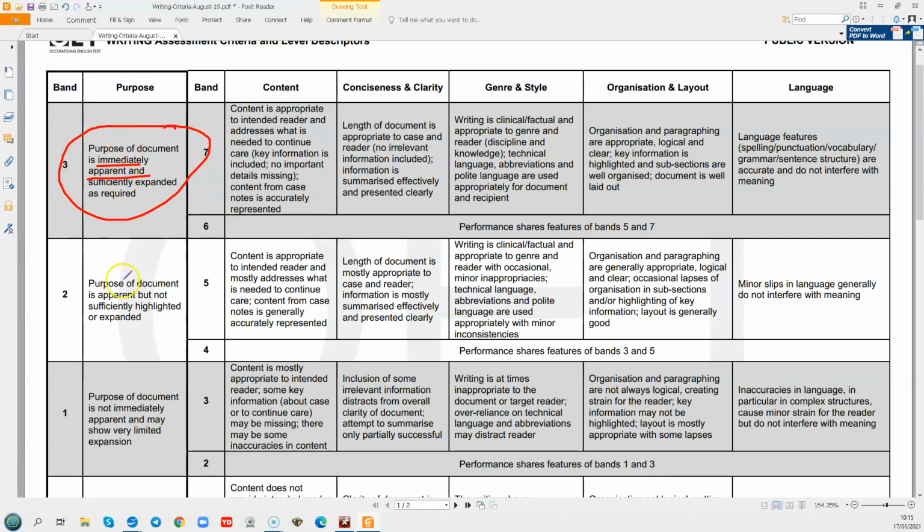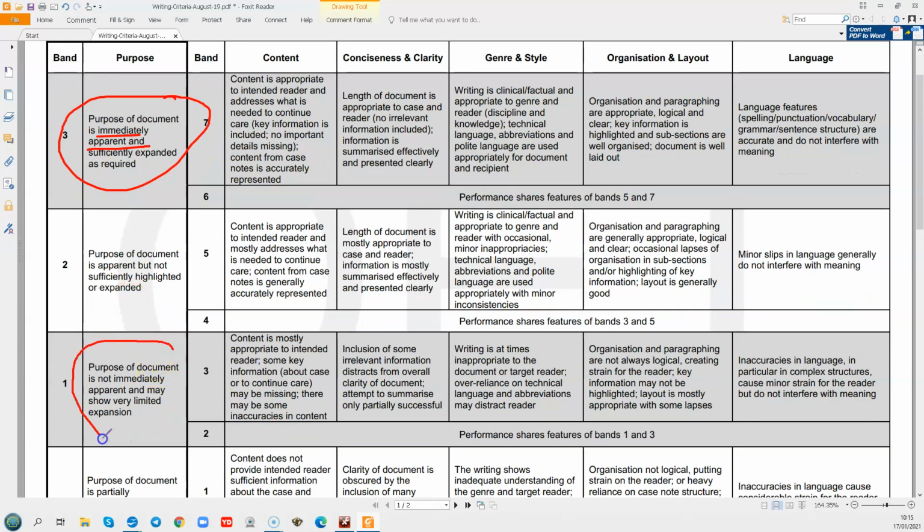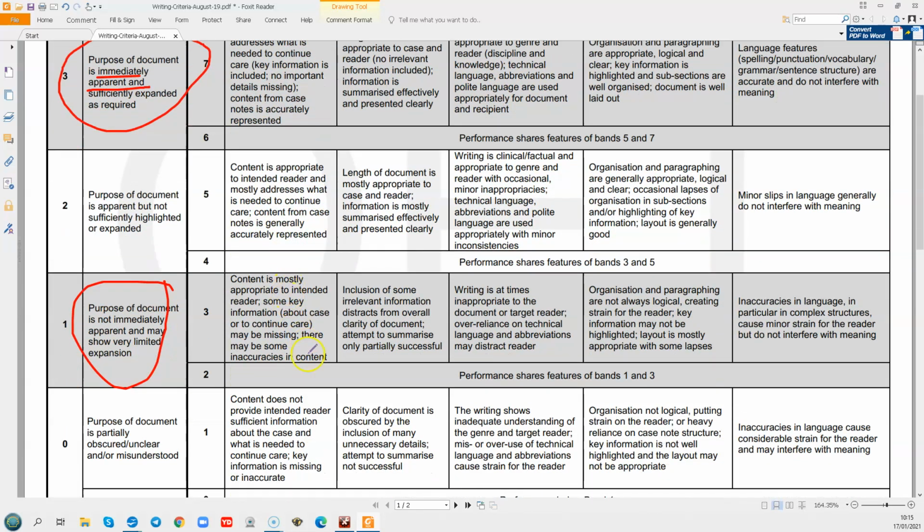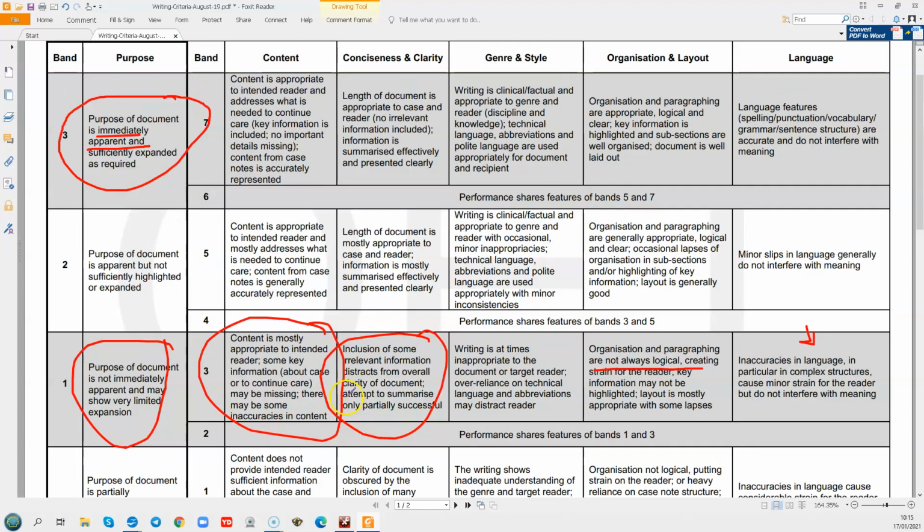Is it immediately clear? Well, not really. Key information, no important details, content from the case notes. Well, I'm not really clear. Some irrelevant information, I think so. Logic, not always. Language, not too bad.